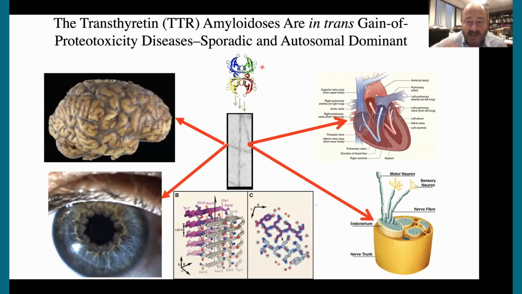So how do these diseases work? Well, you have a normally folded protein, in this case a tetramer. It has to dissociate and misfold, and that forms amyloid fibrils as well as all kinds of other structures. Initially, this process of aggregation destroys organ systems like the heart and the peripheral and autonomic nervous system. It generally affects the eye.